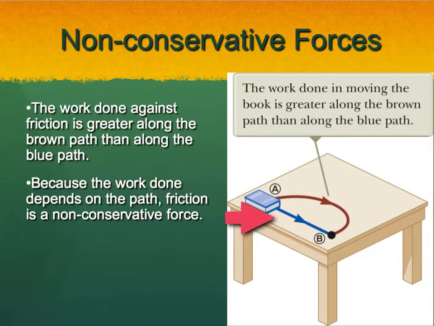So because friction is a non-conservative force and non-conservative forces are path dependent, we're going to have more work done in moving the book along that brown path, along path A, than we are moving it along the blue path, path B. And that's just because non-conservative forces are path dependent, and because it's moving farther, it has a longer distance that it's traveled, so I'm going to have to be doing more work along path A.